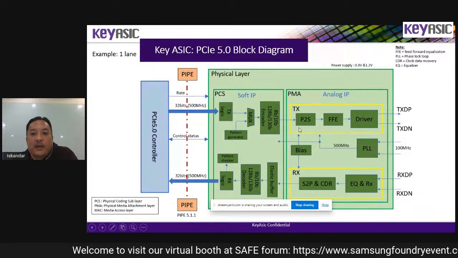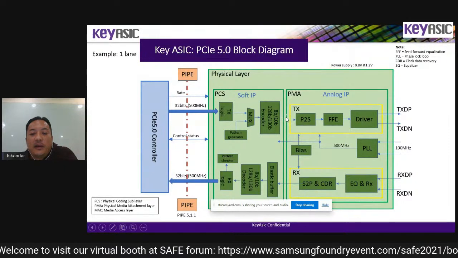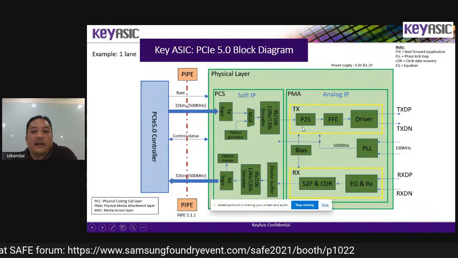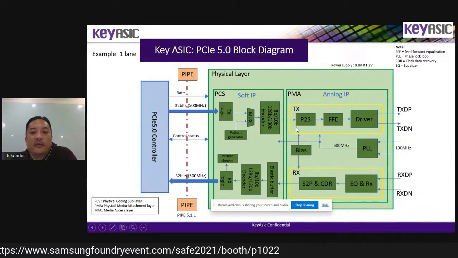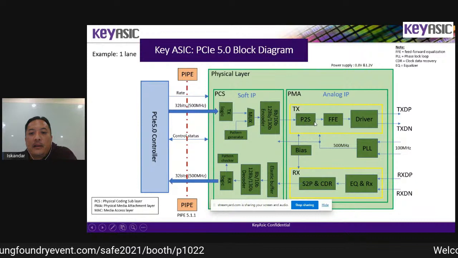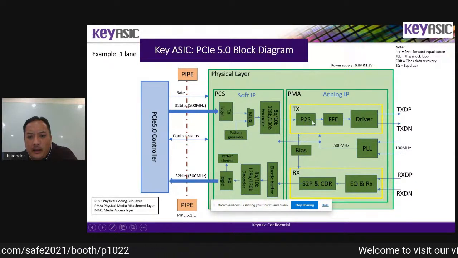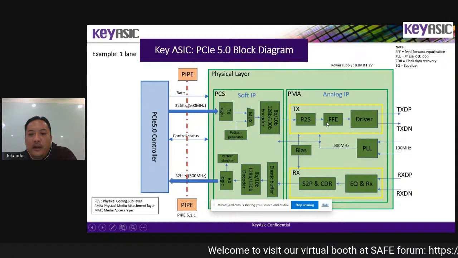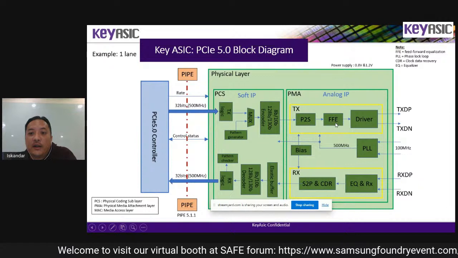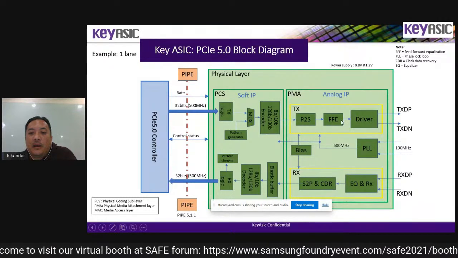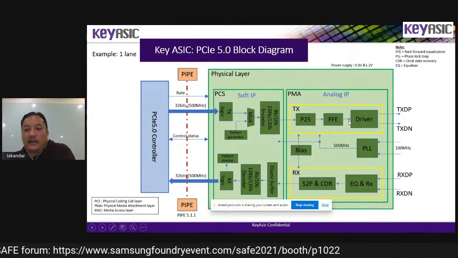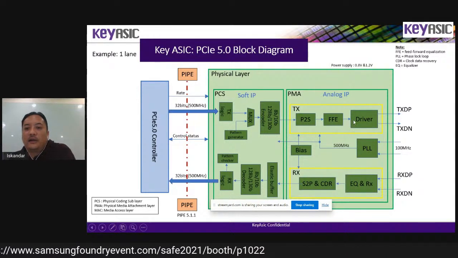Inside the PMA, the TX block consists of a parallel to serial converter, and the serial signal goes through the feed forward equalization block, and then through the driver.